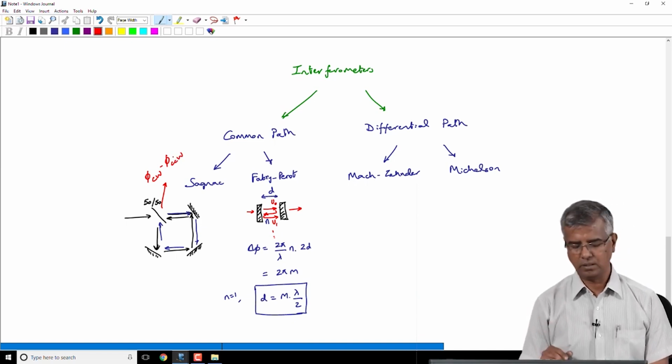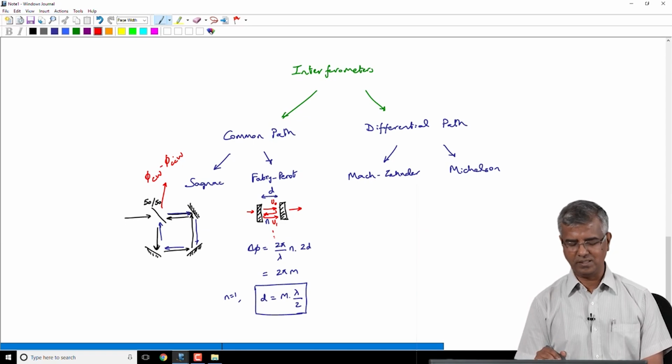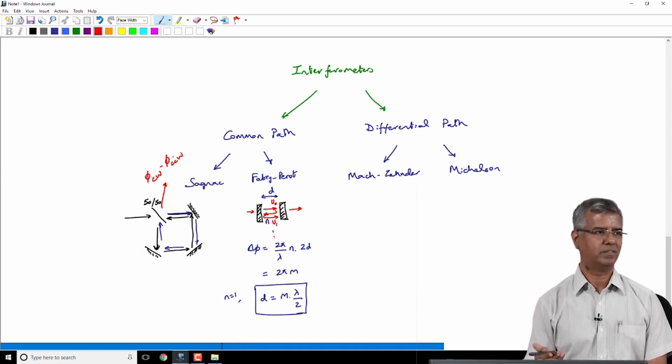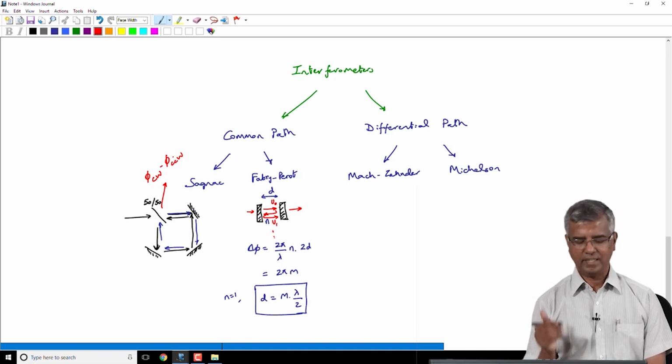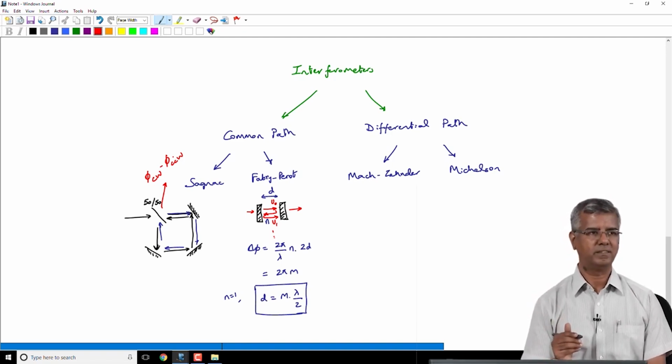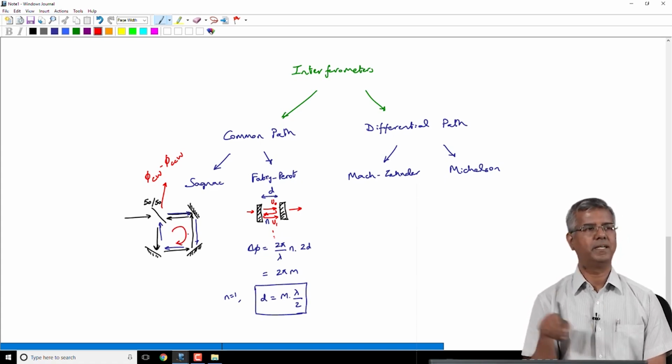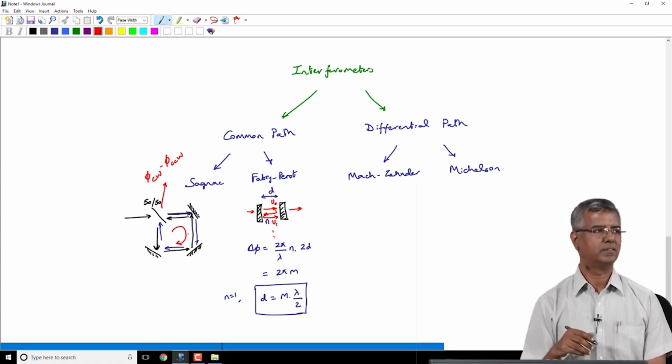So, depending on the phase difference. And the interesting aspect about this is, since they are a common path interferometer, they share the same path. So, there is essentially no phase difference normally, unless there is one condition. What is that condition? Unless you rotate this entire apparatus. Okay.